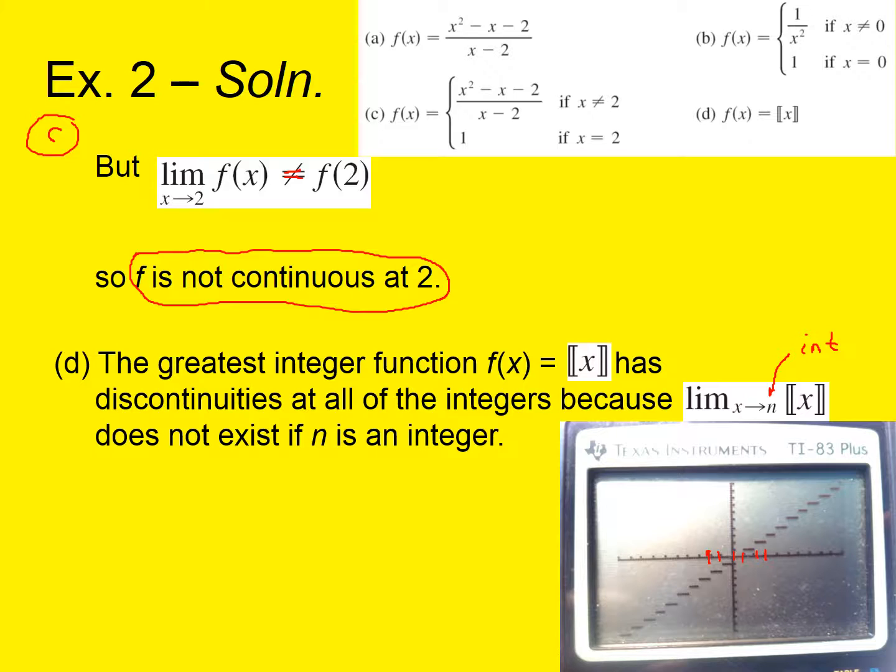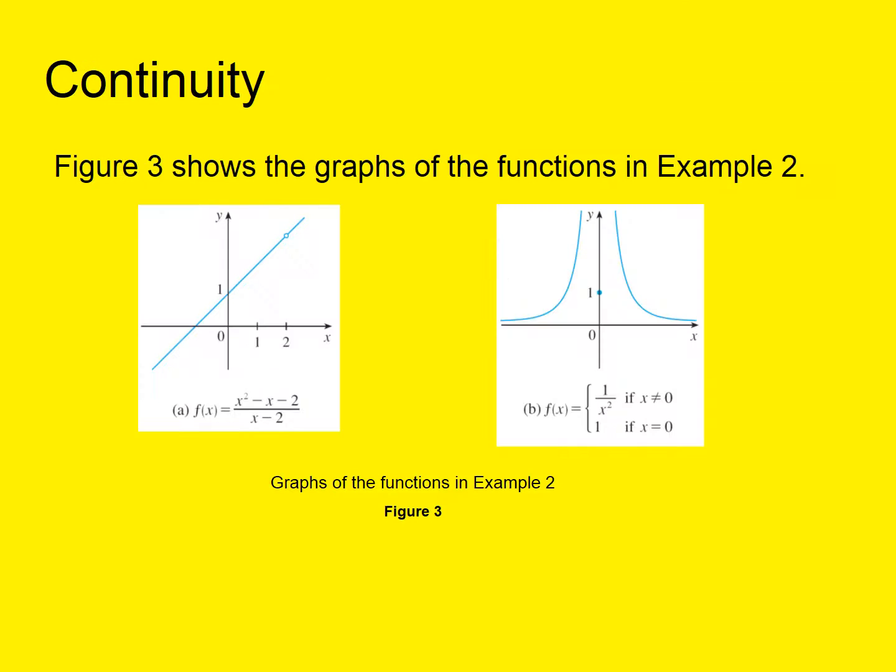You jump up from one step to another. And so for the greatest integer function, the answer is that f is discontinuous at every integer value.